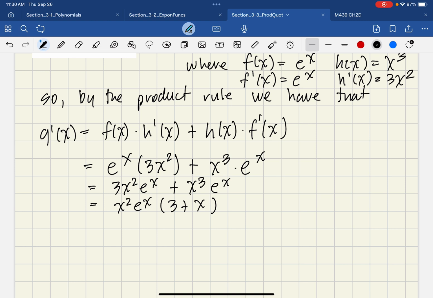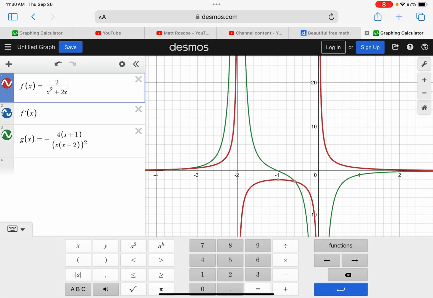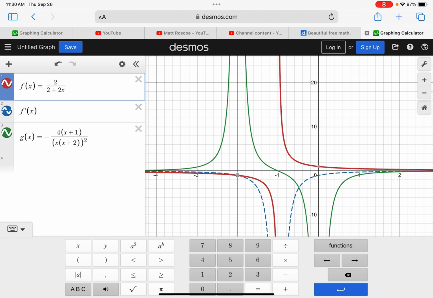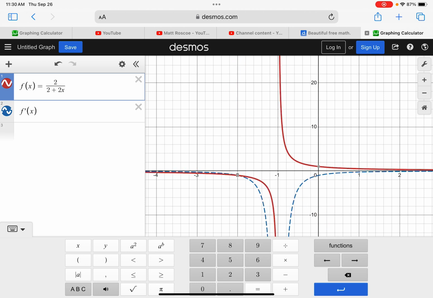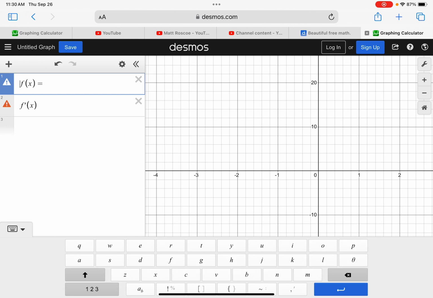And let's do our Desmos check again, see if it actually works. So I'll go to Desmos this time. Oops. And get rid of this function that I had in there. And I guess we should call it g since it's g that we used.